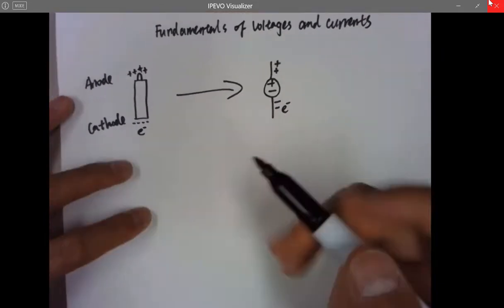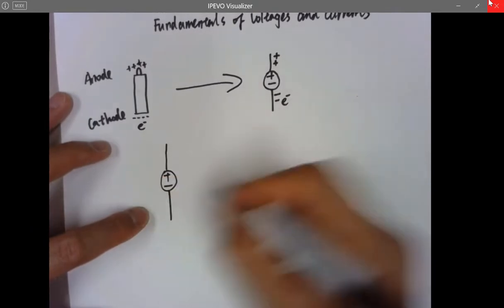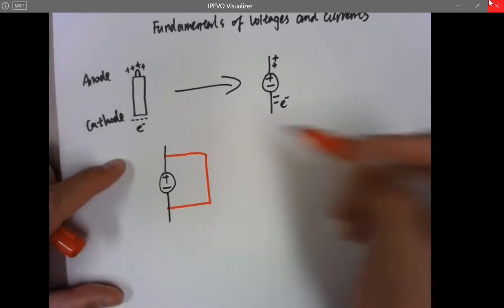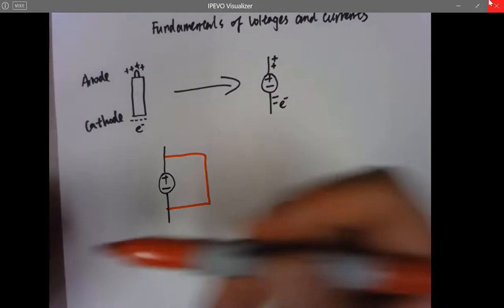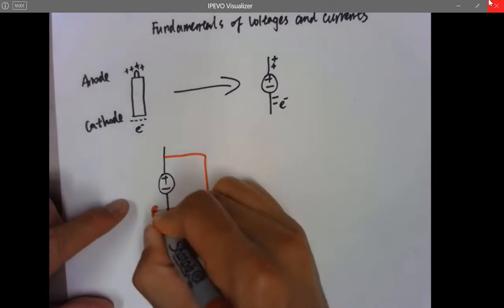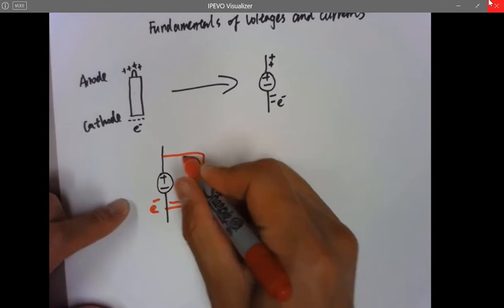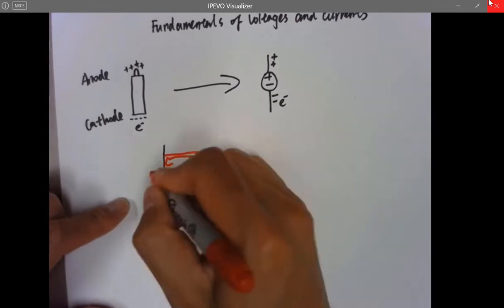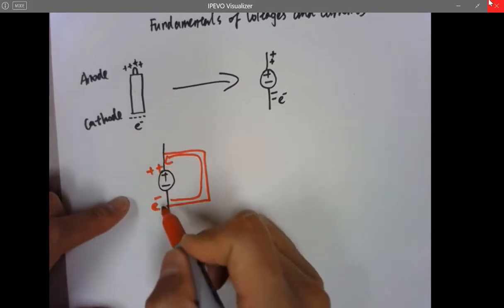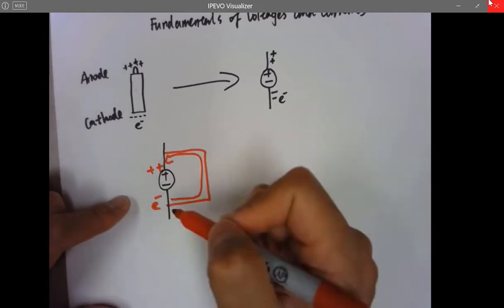Okay, if you make a connection, for example, so here's a battery, and if you make a connection between the anode and cathode, just use a metal wire, because the metal wire is conductive, like a copper wire, or any other type of metal wire. The electrons that stay at the cathode are going to flow through the wire to the anode, because the positive ions at the anode are going to attract the electrons at the cathode and form this kind of electron flow.